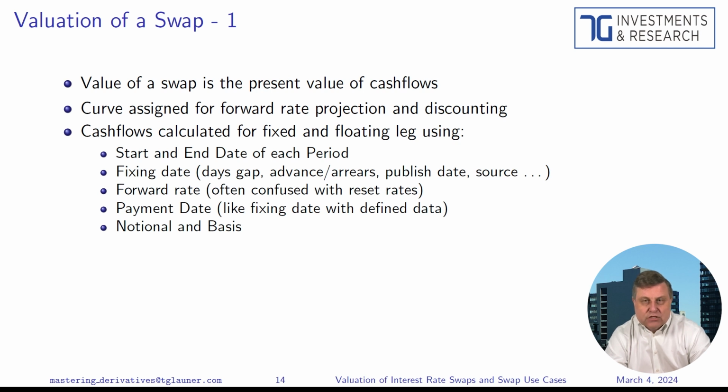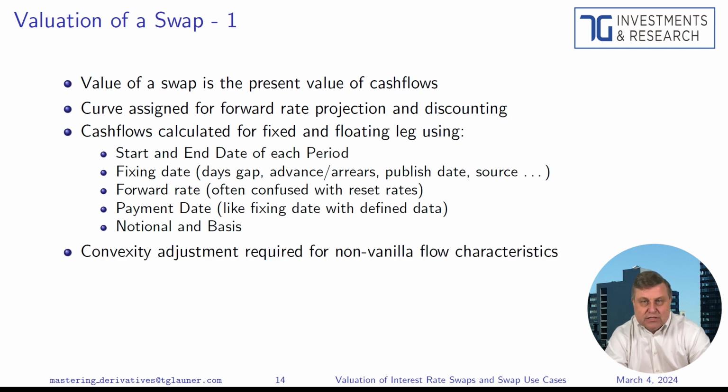A complex topic and outside the scope of this lecture is the fact that non-vanilla elements in the payoff definition require convexity adjustments, explained well in Hull's book. This convexity adjustment often is calculated with a closed form formula, which has some volatility component.